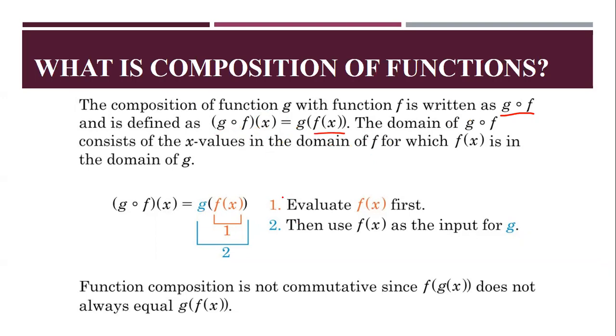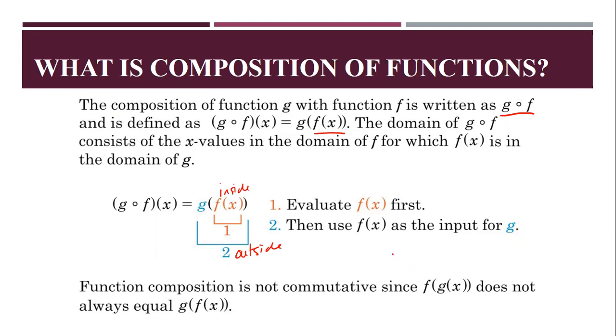Okay. When you're evaluating, there are two simple steps that you generally follow. You're going to evaluate F of X first. So we start from the inside and work our way to the outside. Okay.